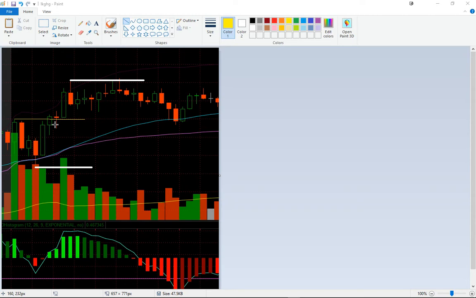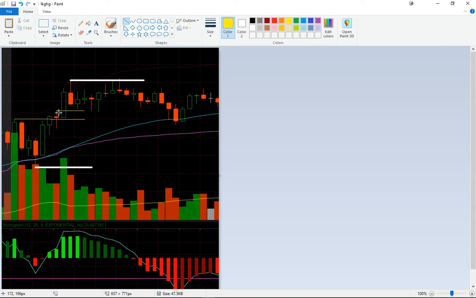What I tend to do is I will give it 2 to 3 shots at trying to break out of that resistance line. And all of these rules apply to the support line. So it's just vice versa in the other direction. So I give it 2 to 3 tries to break out, and then after that I will move the line up basically to the next bar.